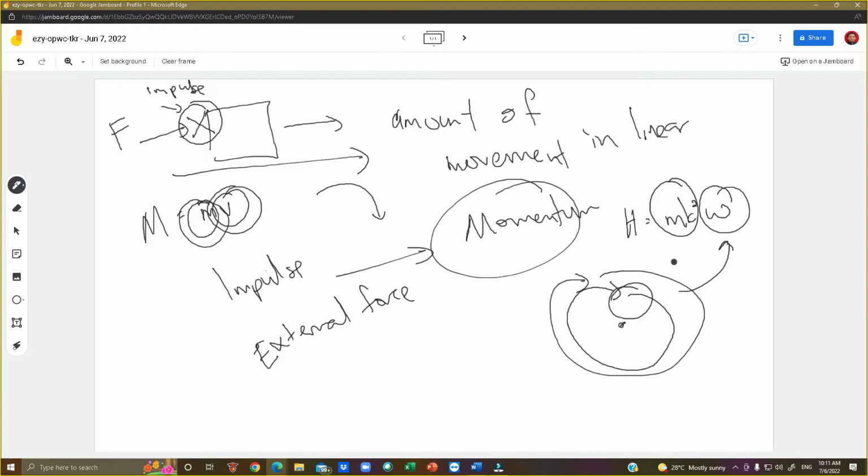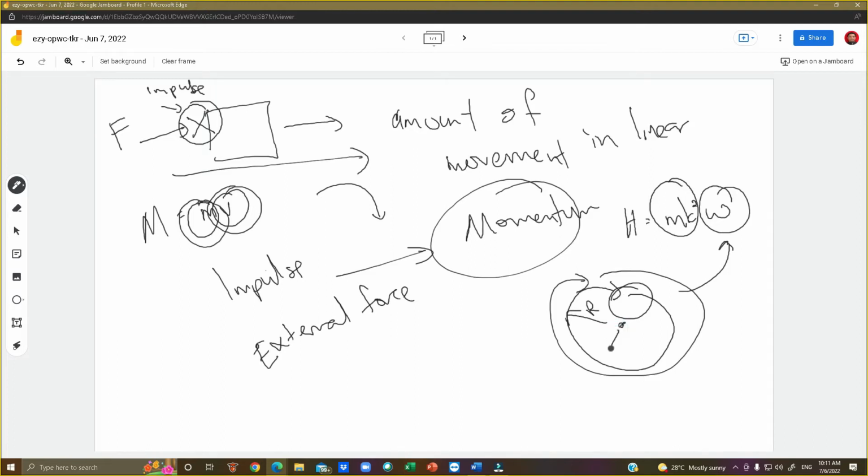As we have mentioned before, in angular cases, the larger the radius, the heavier the object will be, which means the rotational velocity is going to be slower.